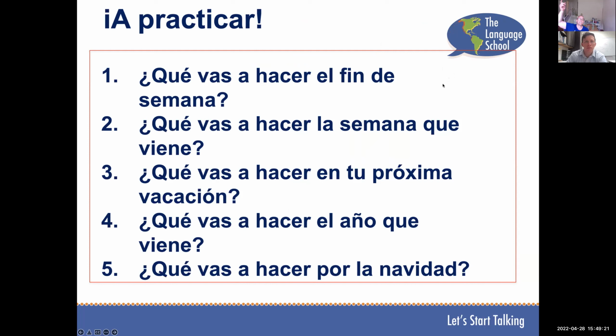Mateo, ¿qué vas a hacer el fin de semana? Voy a limpiar mi casa. Muy bien. ¿Qué vas a hacer la semana que viene? ¿Qué significa la semana que viene?